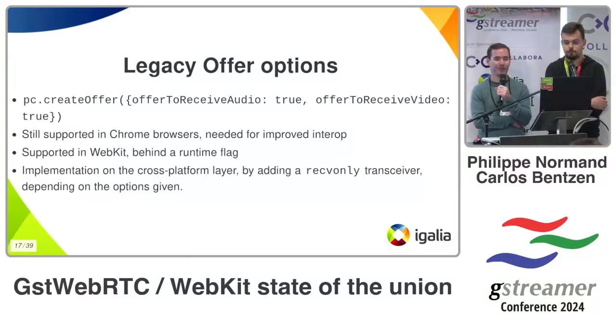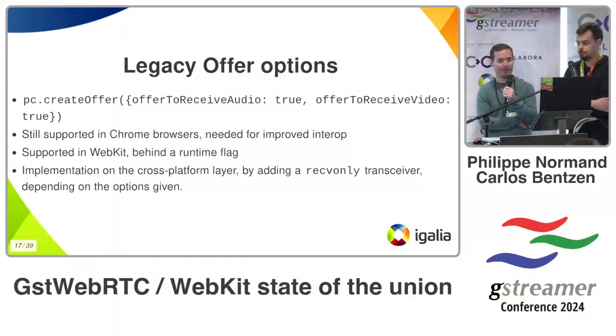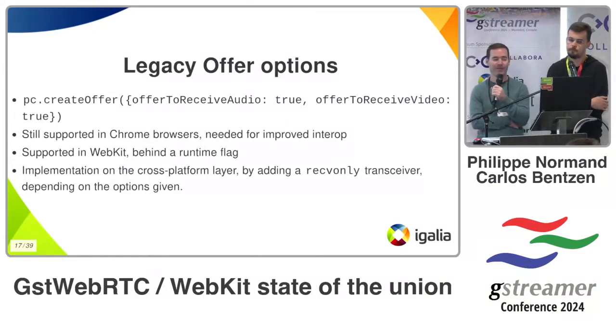So we decided to bring those back because we needed it for an application we'll show later. And it's gated behind a runtime flag, and it's disabled by default. And internally, what we do is basically what you would do in JavaScript, like creating a transceiver that would be receive only, depending on the media type you want to receive. And it's transparent to the application.